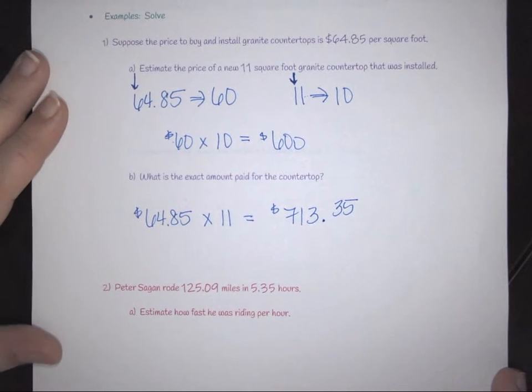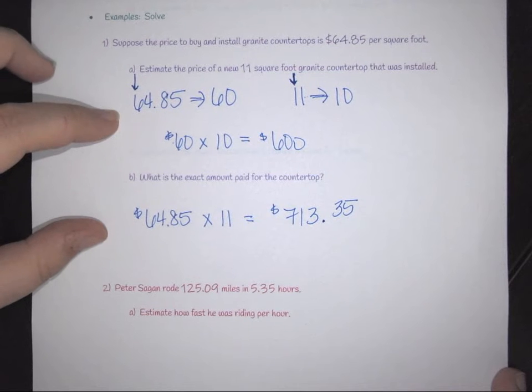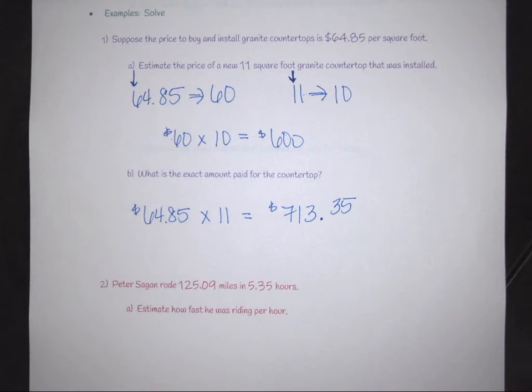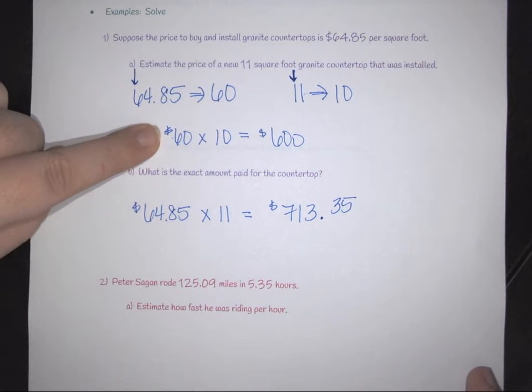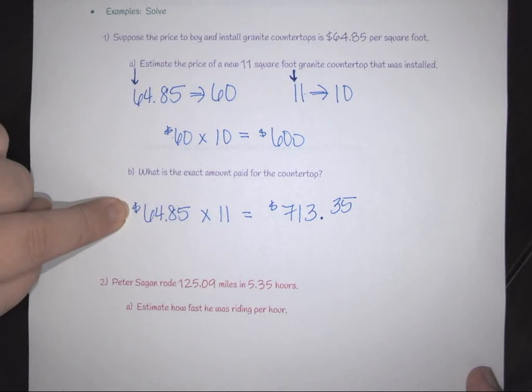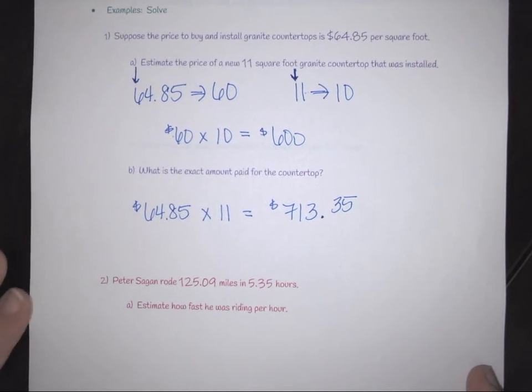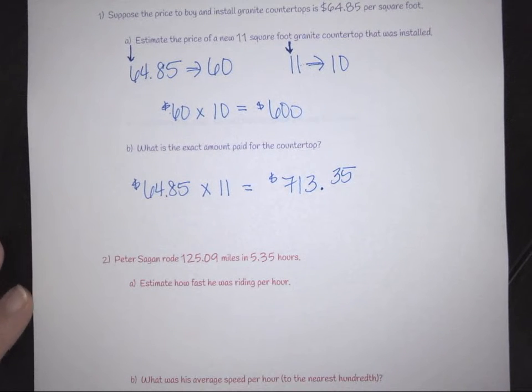Now do be aware, with all of these problems, it is very important that you show your work as you go. So the biggest hint that I can give you going forward is that even if you have a calculator to use, you still need to write down the math that you are using to do it. So make sure that you show your work as you go, because it's really going to help make sure that you're on the right track with your problems.